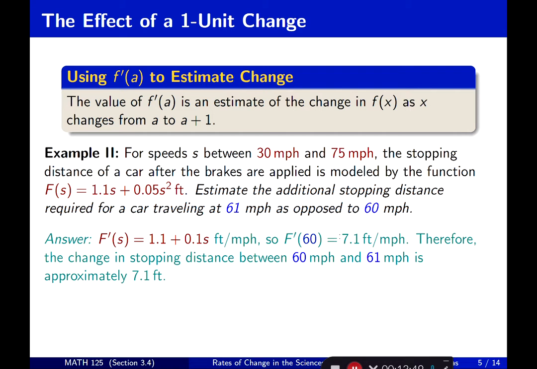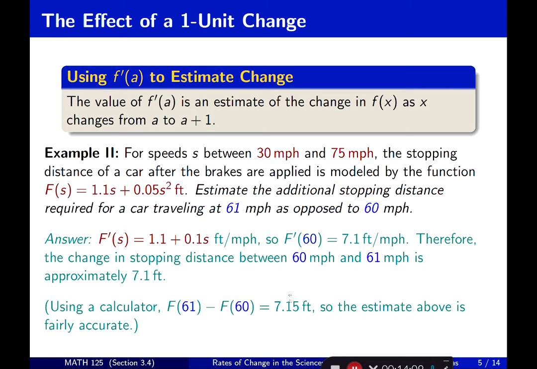And so the skid mark approximately increases by 7.1 feet after you increase the speed from 60 to 61 miles per hour. This is an easier approach for the investigator on site to decide whether the speed was 60 or 61.